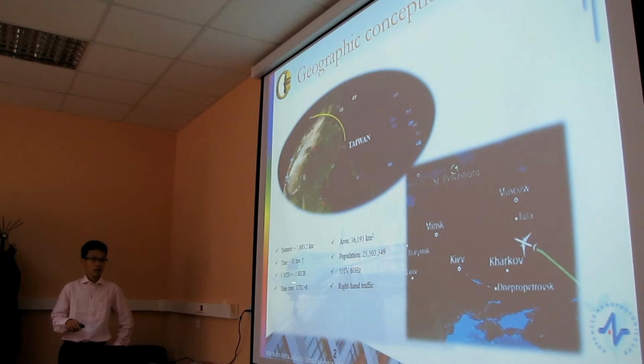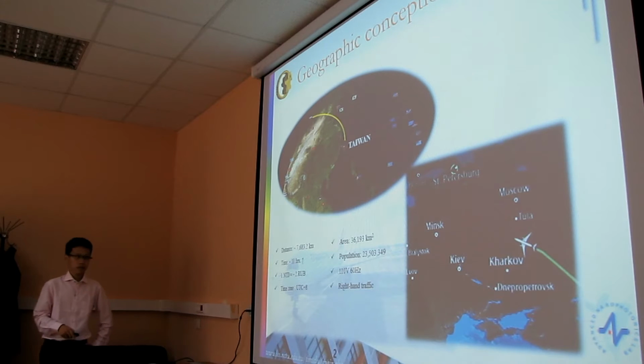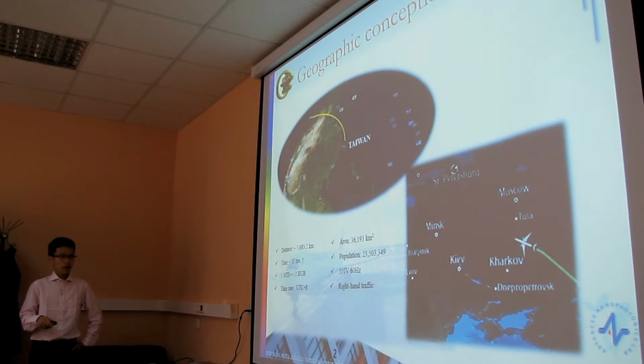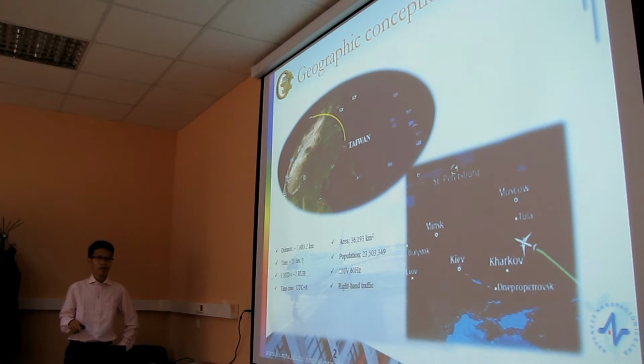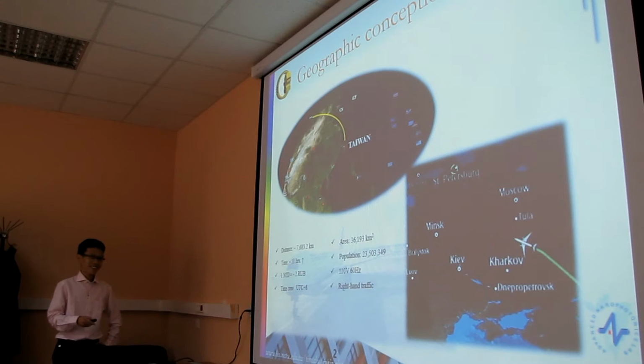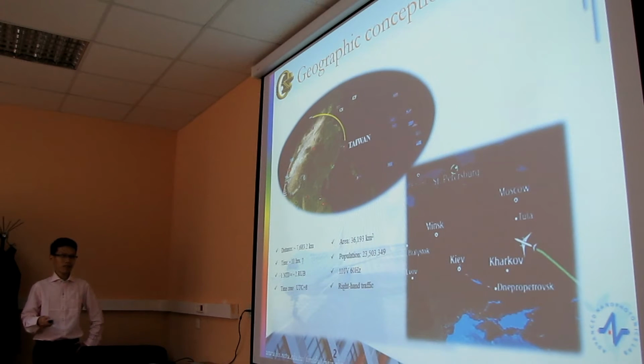For the currency, $1 NT is about 2 rupees, and you also need to pay attention to the AC voltage, which is different from here. It's about 110 volts, and the frequency is 60 Hz. And it's also right-hand traffic.